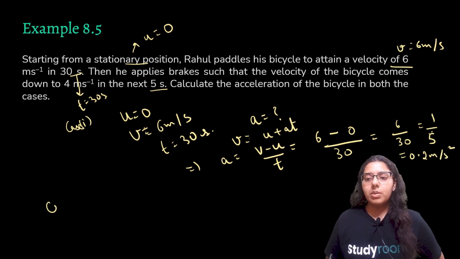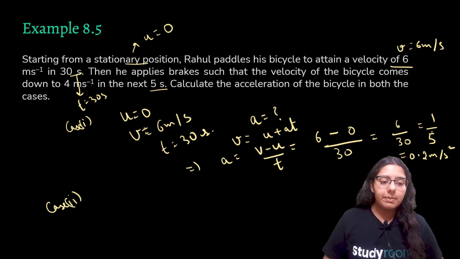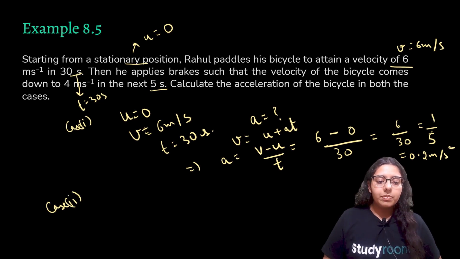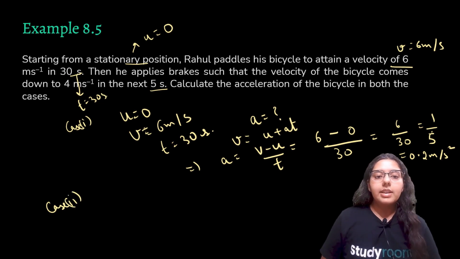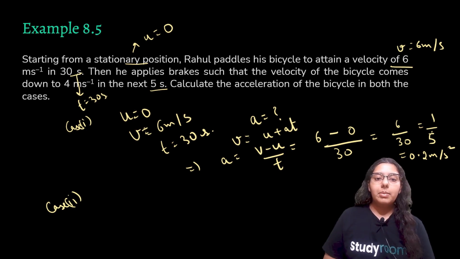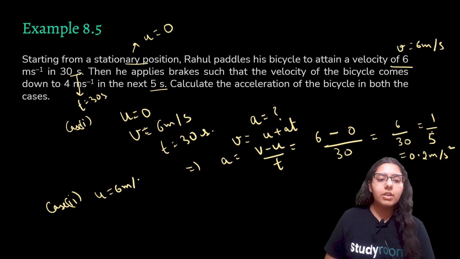What is your case 2? Your case 2 is that now he applies brakes, right? So, if he applies brakes, now his initial velocity was 6 meter per second. And now he applies brakes such that the velocity comes down to 4 meter per second in next 5 seconds.